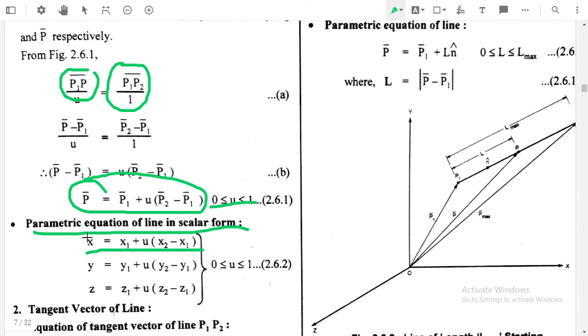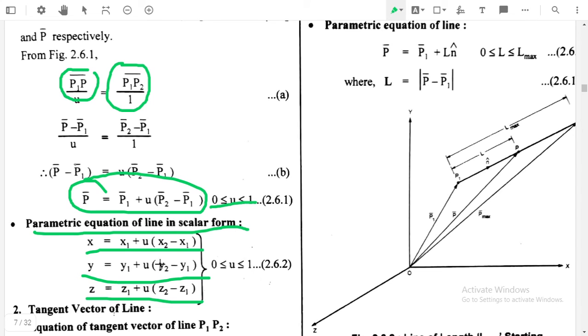Similarly, if we compare, here P is equal to x, P1 is equal to x1 and P2 is equal to x2. So we can represent it as x is equal to x1 plus u into x2 minus x1. Similarly, y is equal to y1 plus u into y2 minus y1, and z is equal to z1 plus u into z2 minus z1.